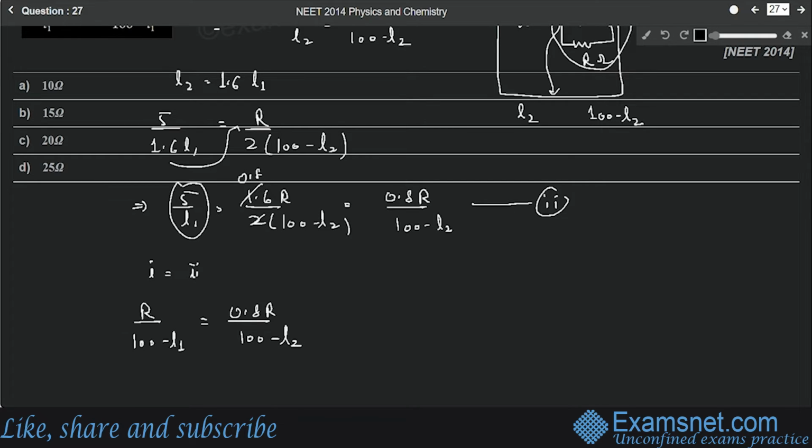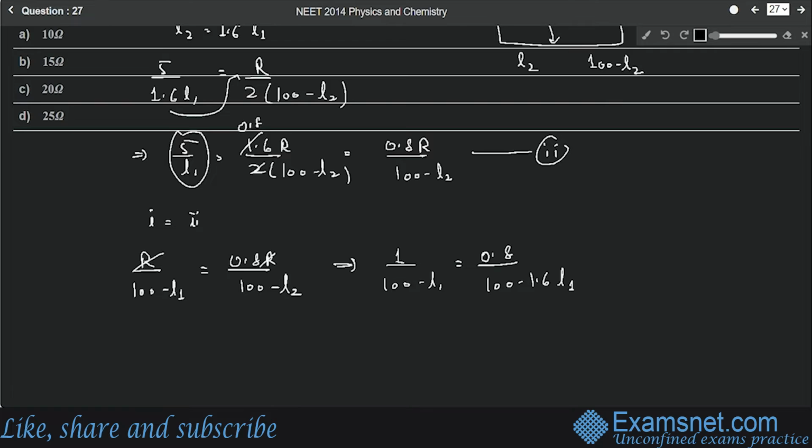Okay, and L2 is equal to 1.6 L1. So let's put this value. R is cancelled. Okay, so 1 by 100 minus L1 equals 0.8 by 100 minus 1.6 L1.